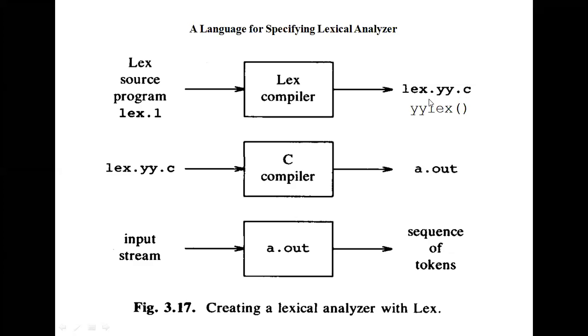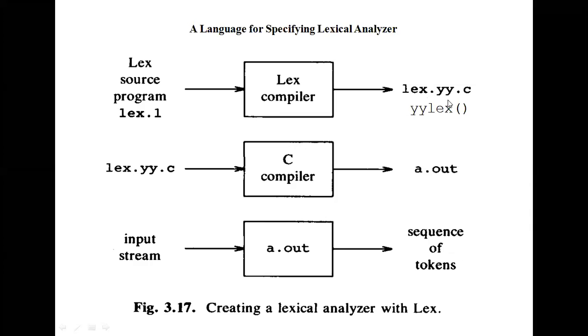By default, the name of that file is lex.yy.c, and here we are using a function called the yylex function. Again I am repeating how the lex compiler produces lex.yy.c. Make a note of this.